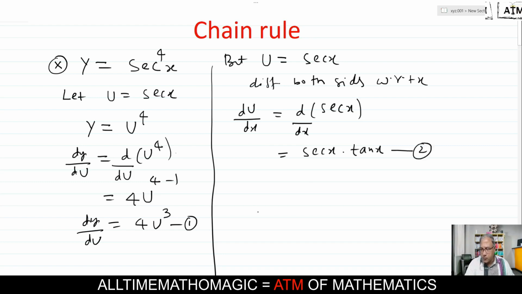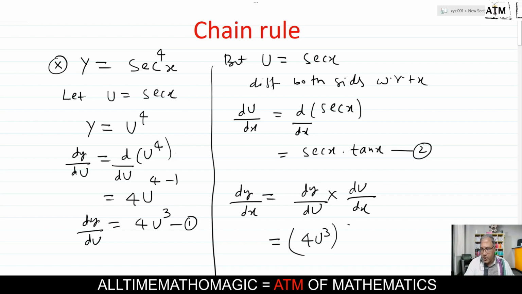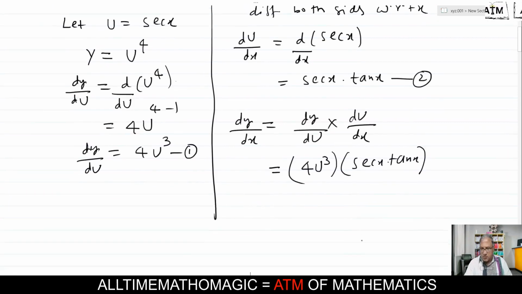Call it equation 2. Now by chain rule, dy by dx equals dy by du into du by dx. dy by du is nothing but 4u cube and du by dx is nothing but sec x multiplied by tan x.